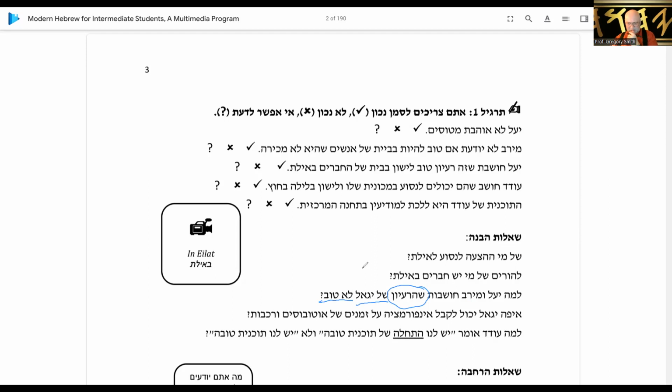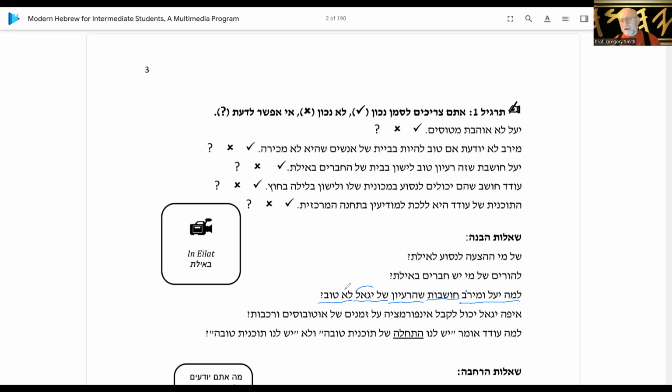So, Lama Yael v'Merav. That's got to have a holem there on the resh. So you've got Lama Yael v'Merav Hoshibot Shaharion. This is thinking, this idea, Shel Yigal, belonging to Yigal, is lo tov, is not good. So Yigal has an idea, they don't think it's good.